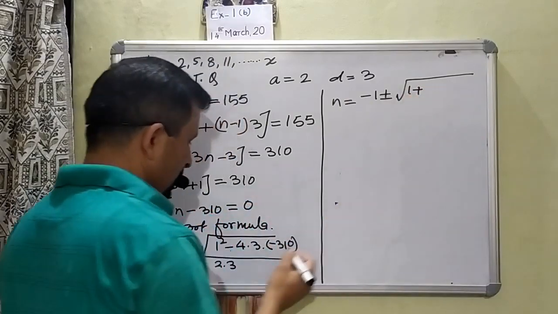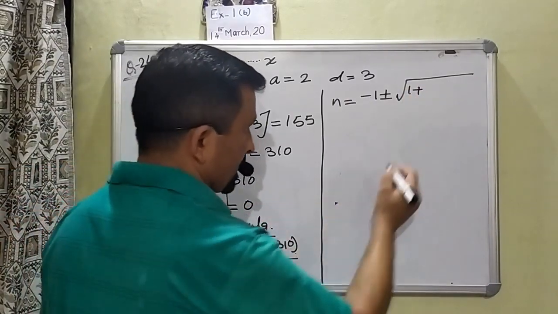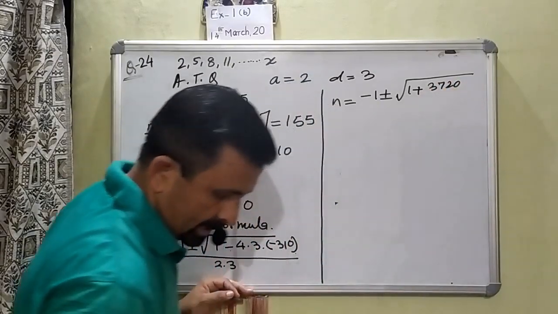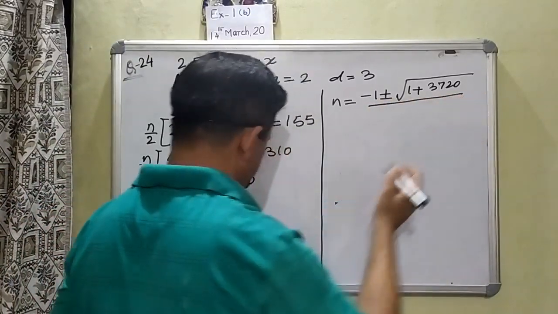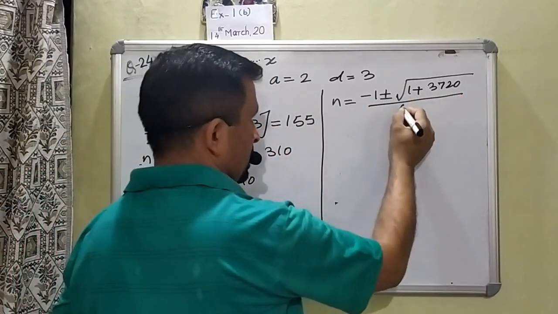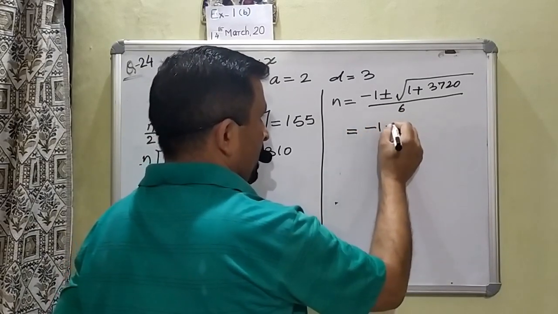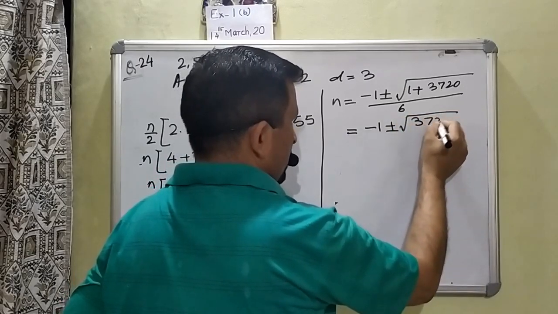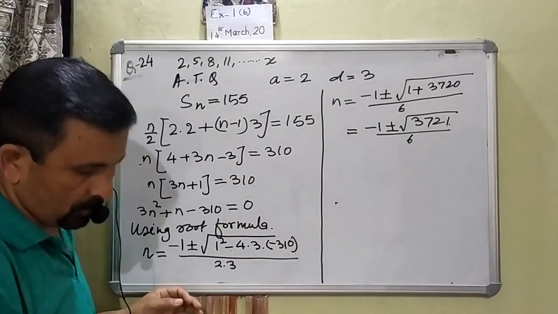So positive, and 4 3s are 12, and 12 into 310 comes as 3720. 3720 divided by 2 3s are 6. This is equal to minus 1 plus minus root over 3721 divided by 6.